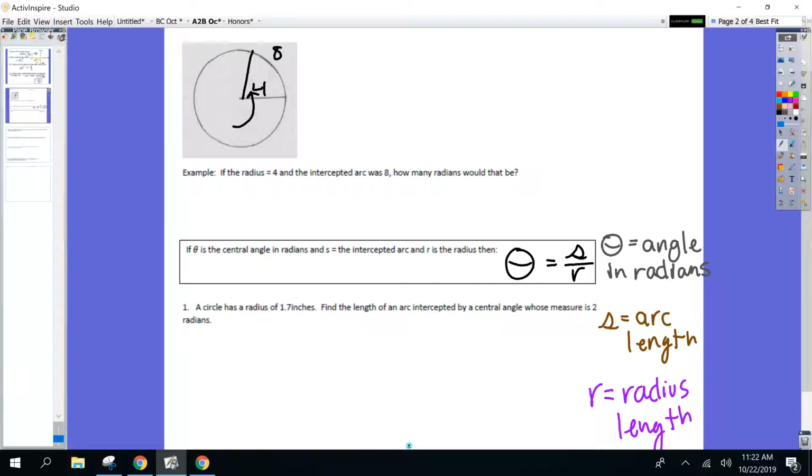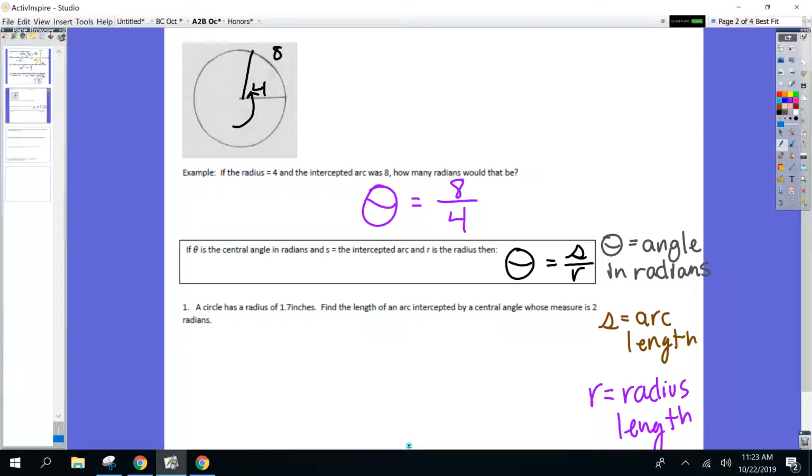So which one represents the angle measure here? Theta. So theta equals, what's S represent? Arc length, which we were given as 8, over R, the radius length, which I gave you as 4.